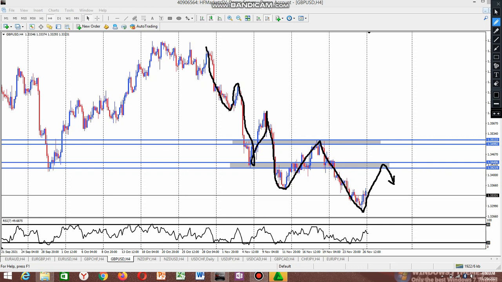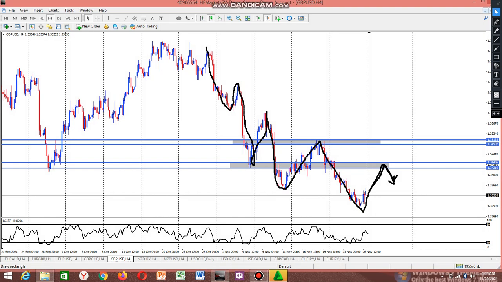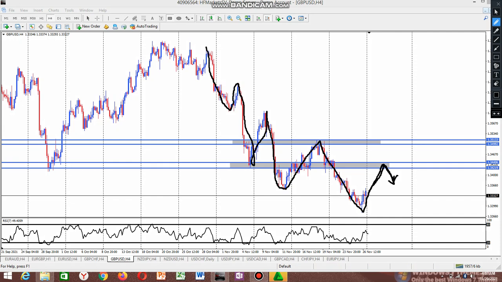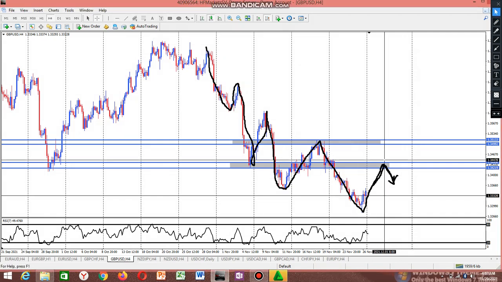So on this pair right now, we are still on the downtrend on H4, so we want the market to do a kind of retest of this zone, then we'll go into it for a sell. Now, risk to reward ratio: let me change this out and check from here right now.